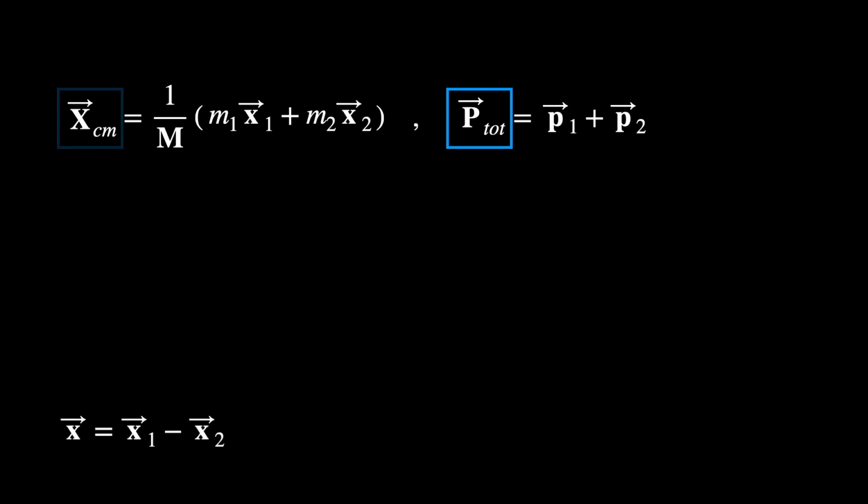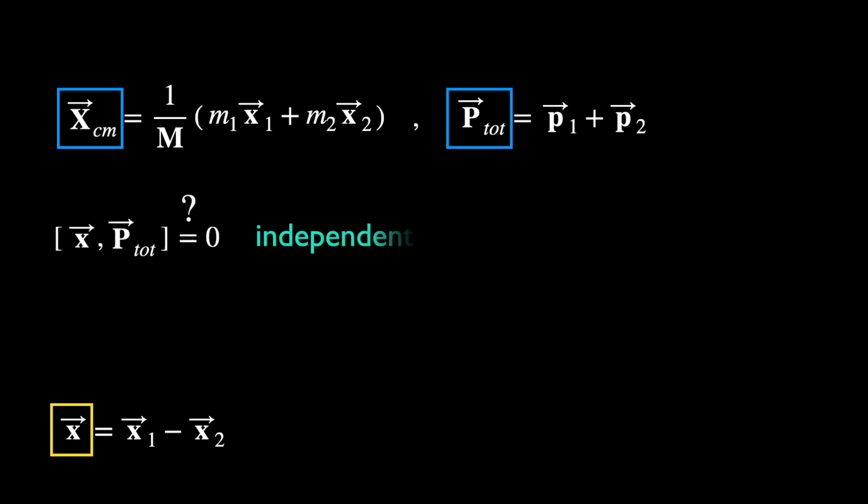We know that xcm commutes with the relative position x, since both are functions of just the positions x1 and x2, and all positions commute. But what about the total momentum? Let's find out.